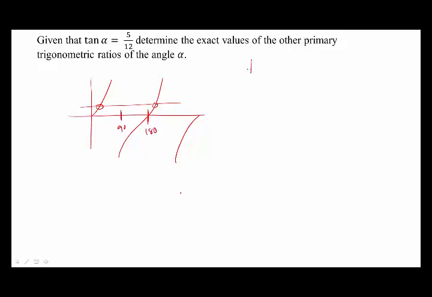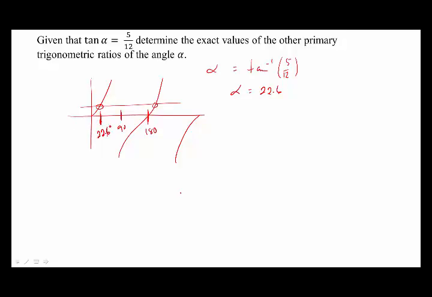So if you did tan to the negative 1 of 5/12 equals alpha, that's the symbol for alpha. Second function tan, 5 divided by 12, 22.6. We know the first point is going to be 22.6 degrees.